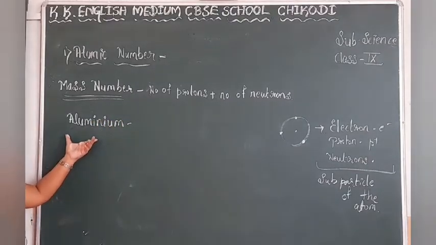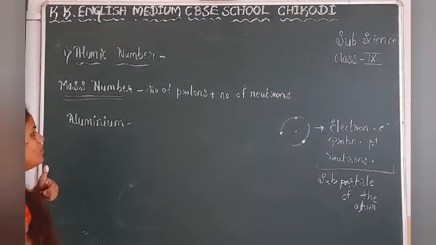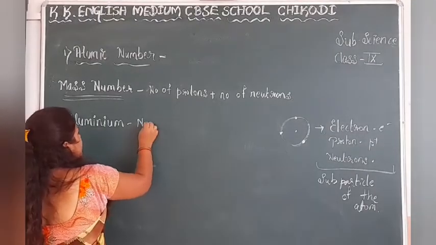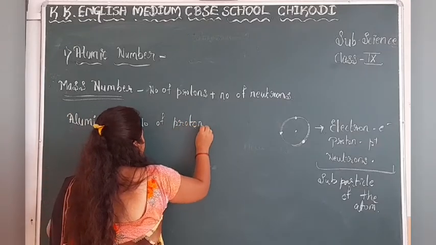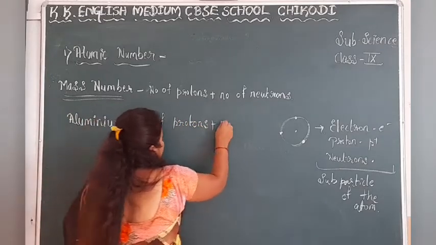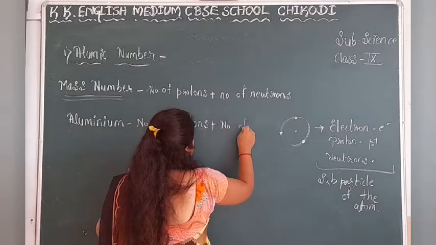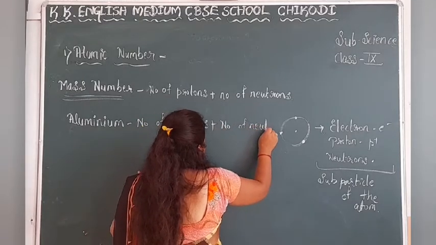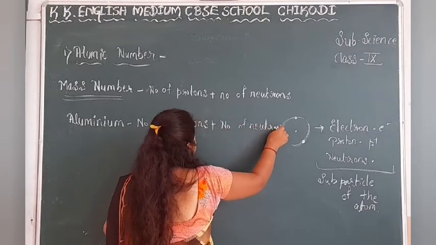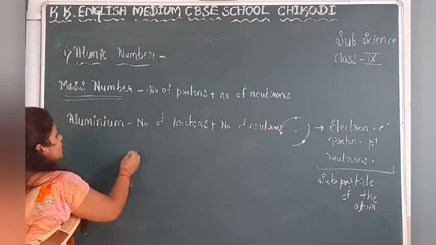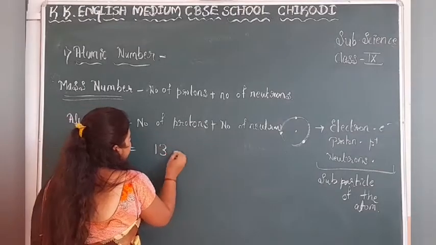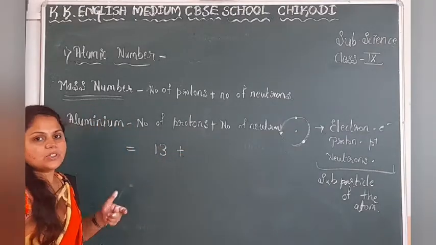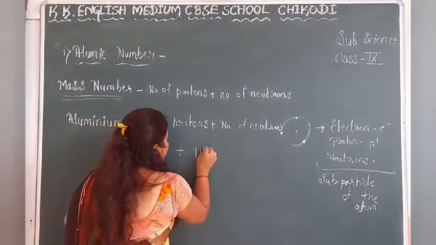Okay. So in aluminium, what is the number of protons plus the number of neutrons? So the number of protons, it is 30 and the number of neutrons, it is 40.